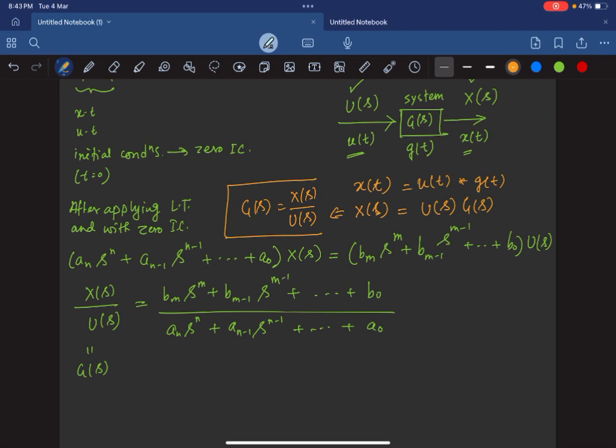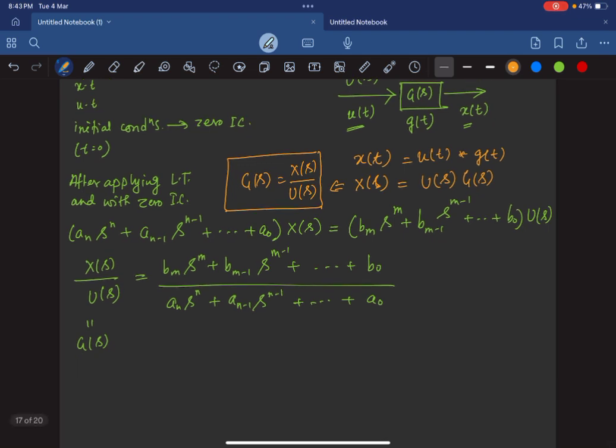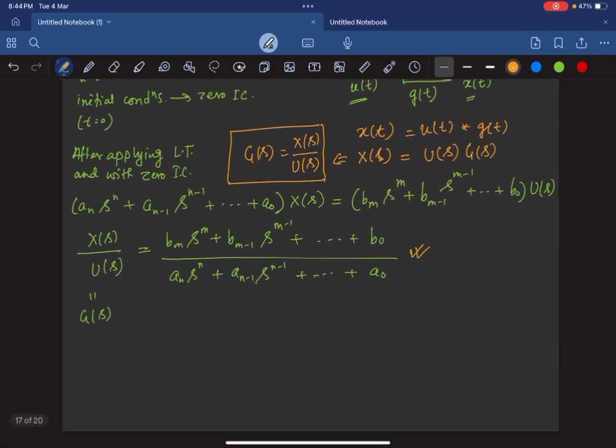This setup we already got from the convolution property.